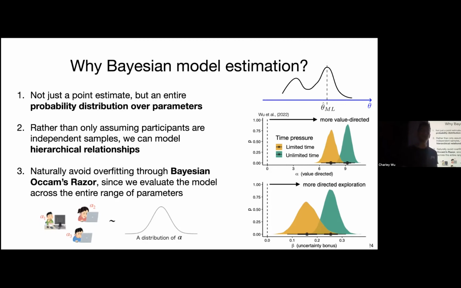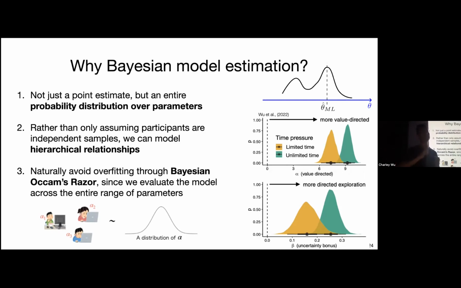Second, rather than assuming participants are independent samples, we can model hierarchical relationships, right? And this is also sometimes nice within subject designs. So this is a plot from a recent paper of mine. We modeled how time pressure influences exploration and learning in a bandit task, where the time pressure manipulation was within subjects.